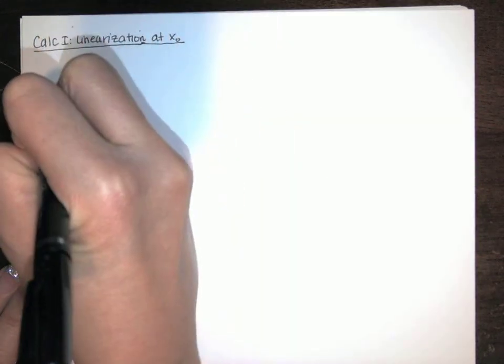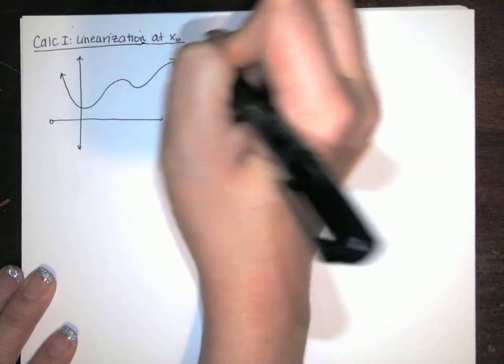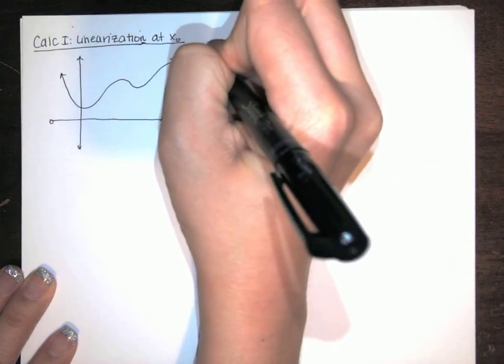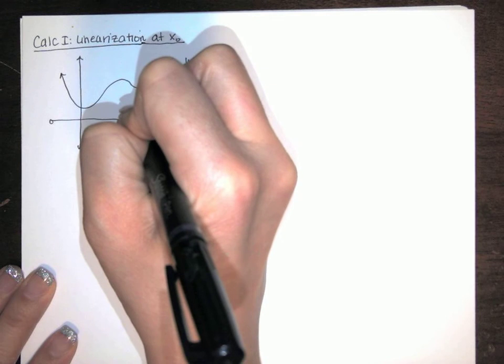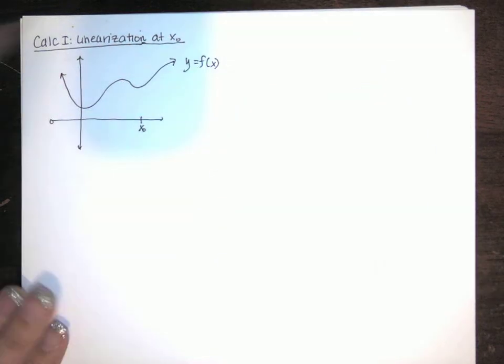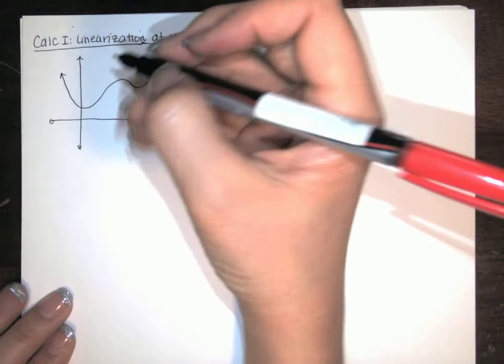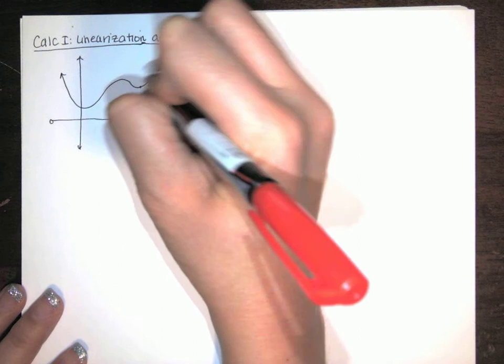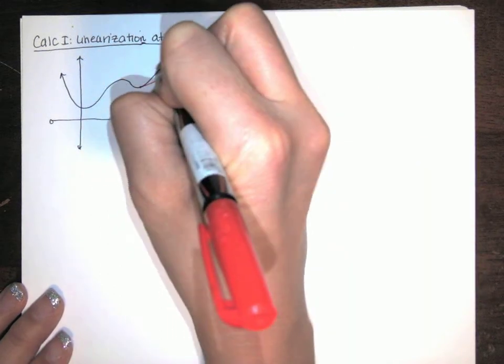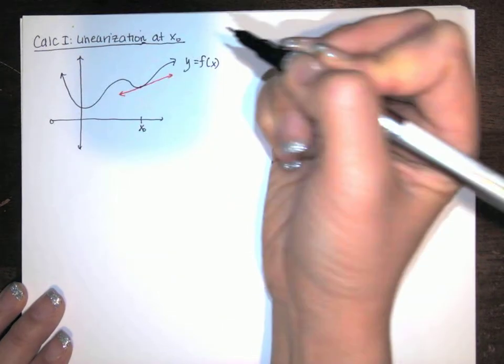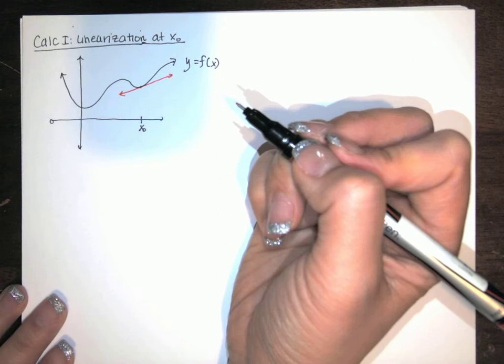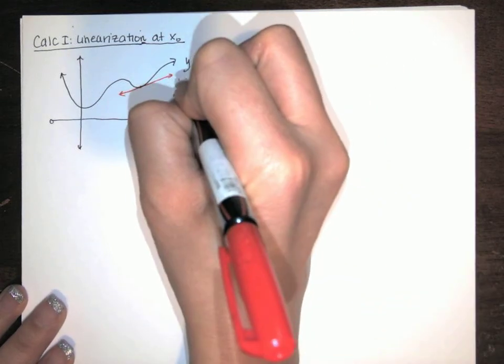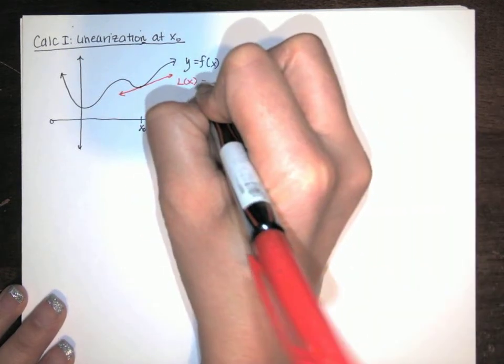So you've got some function, maybe y equals f of x, and it looks like this. And they say find me the linearization right here at that x naught. Well, all you would do is you'd find the tangent line right here. You'd solve it for y, and you'd replace y with L of x.